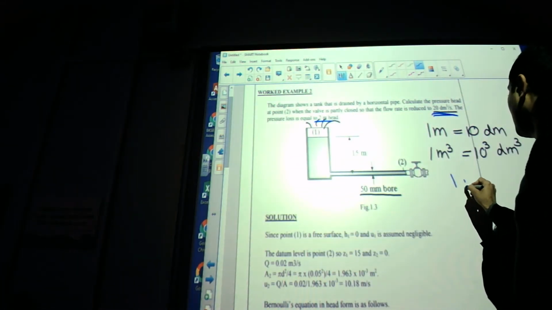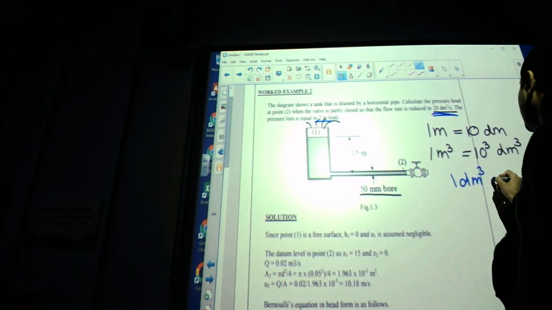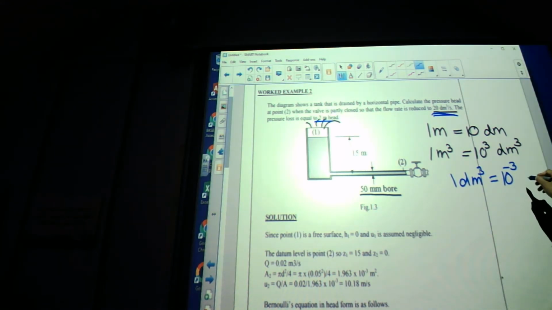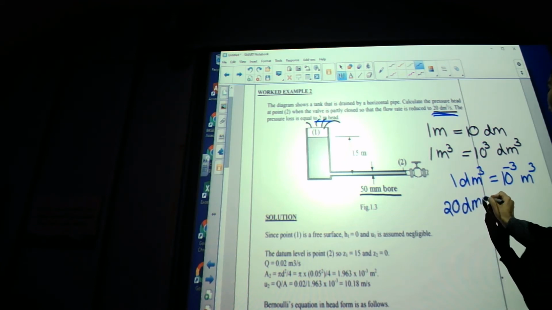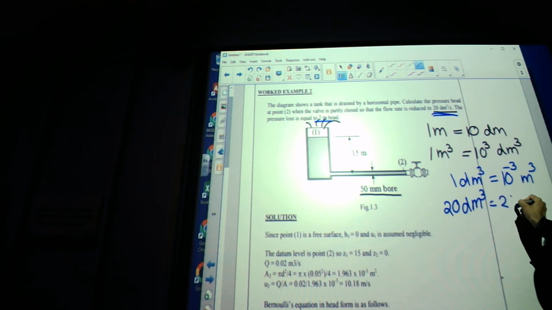So 1 decimeter cube is 10 to the minus 3 meter cube. So 20 decimeter cube is 20 times 10 to the minus 3 meter cube per second. So that's the flow rate.